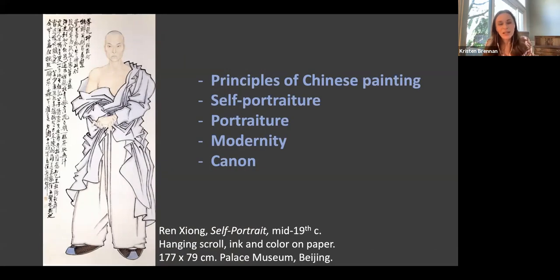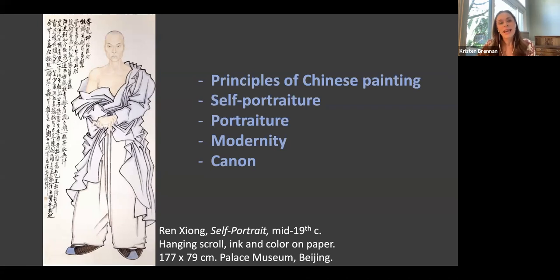This brings us then into the topic of portraiture overall, the larger umbrella of portraiture. We'll speak about this quite a bit: the memorializing functions of portraiture and how they have specific uses in China and Chinese history as well. And for upper division courses, you might explore more deeply the idea of modernity and the momentous changes that were happening in Chinese history at this time: the opening of Shanghai as a treaty port, the Opium Wars, things like this we'll mention in a moment.